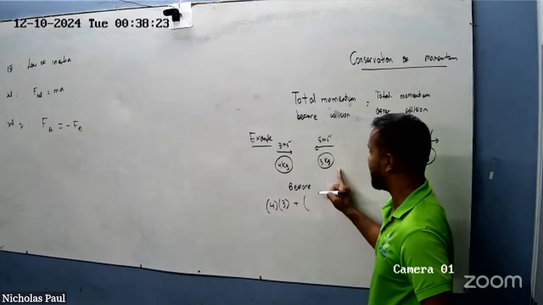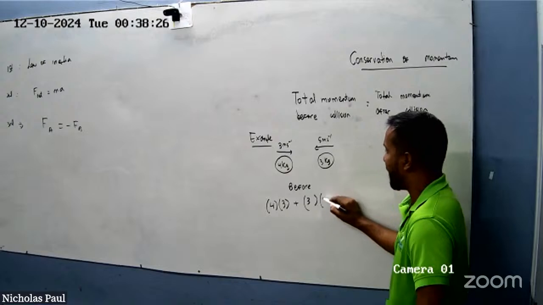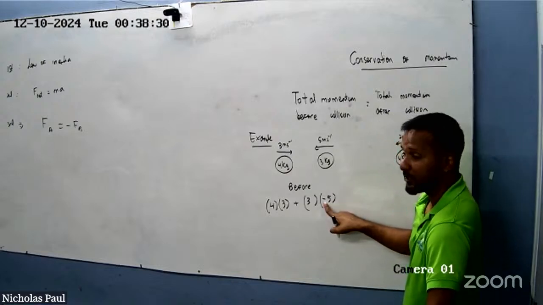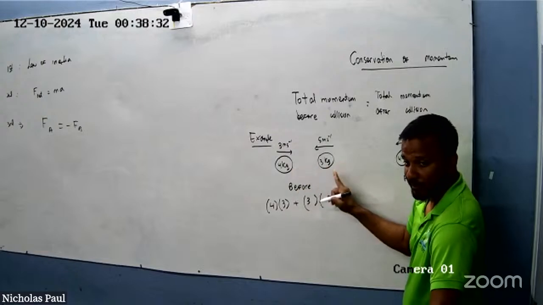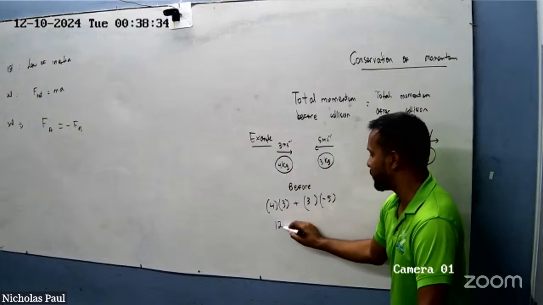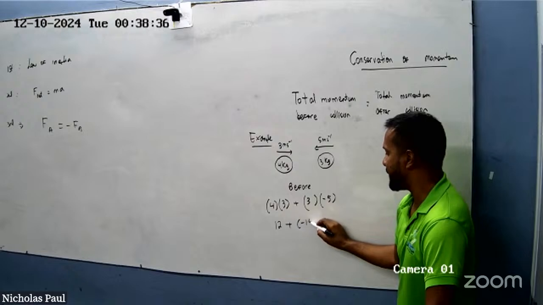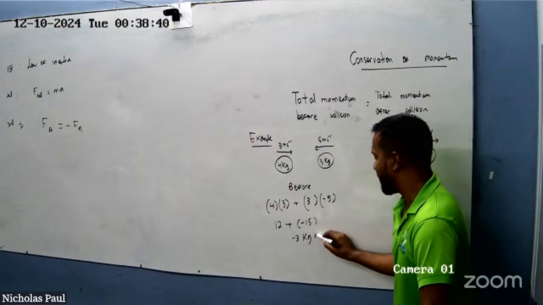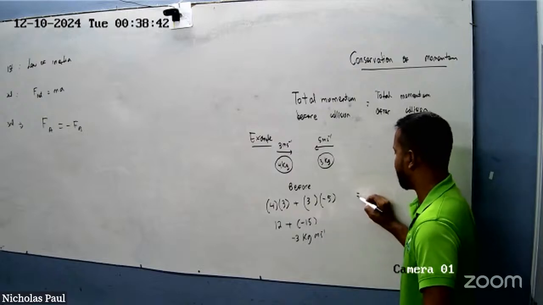What's the momentum here? 3 multiplied by minus 5. Very good. Why minus? Opposite direction. So this is 12 plus minus 15, which is minus 3 kg m s^-1.